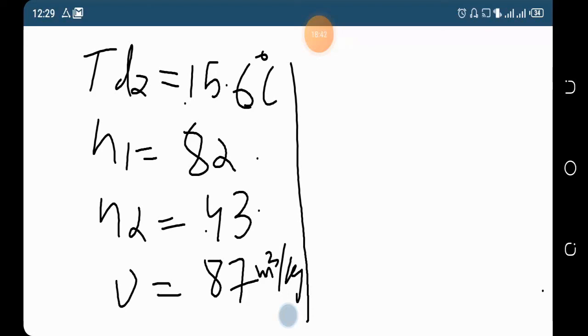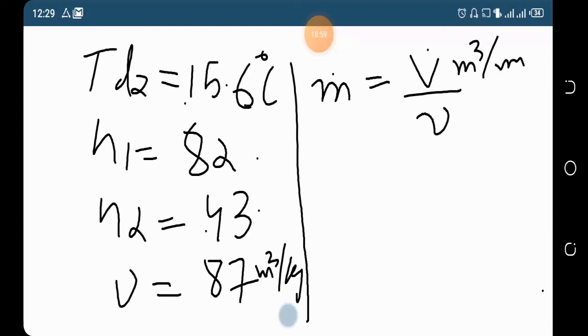Now first of all, we have to calculate the mass flow rate. The mass flow rate is equal to the volume flow rate divided by the specific volume. This is meter cube per minute, this is meter cube per kg, so this will cancel out and it becomes kg per minute.